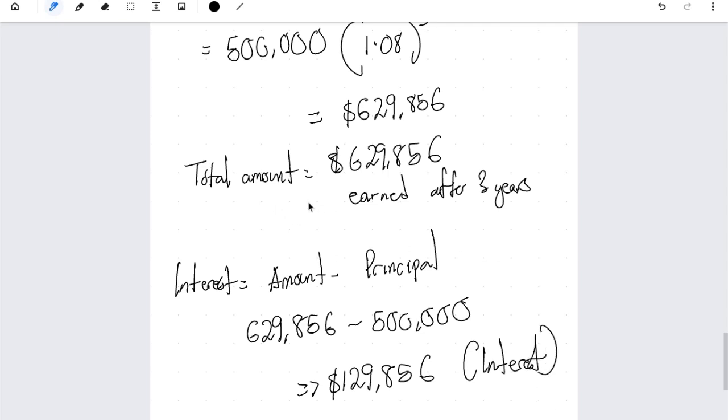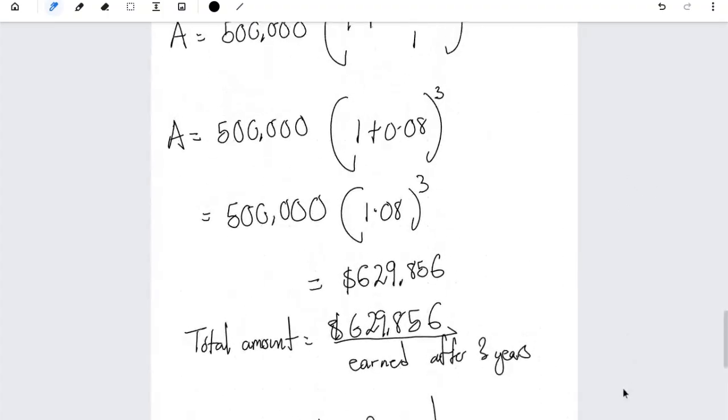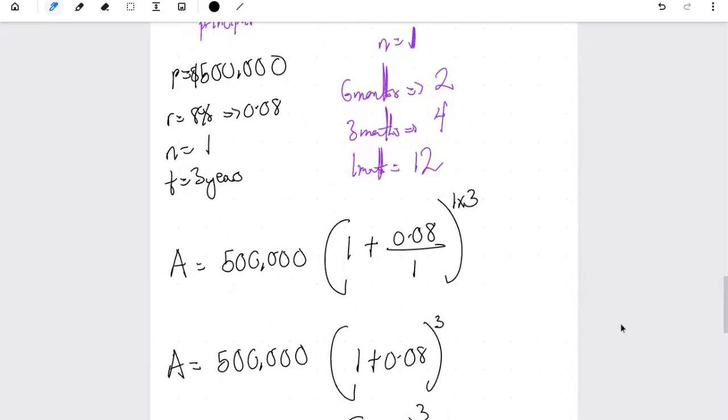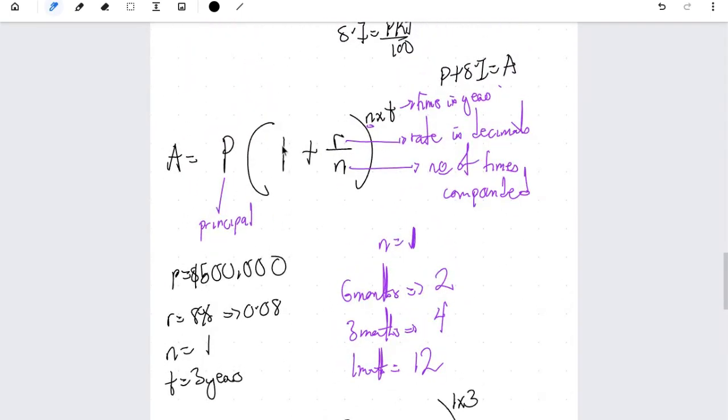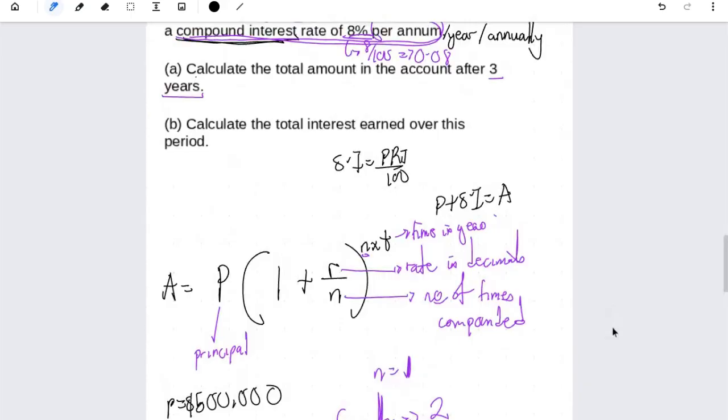While this was your total amount in the account after 3 years, this is the interest earned after 3 years. So that's just how you solve this question. Just remember the formula: P(1 + R/N) to the power of N times T. Know your values, and that's it.